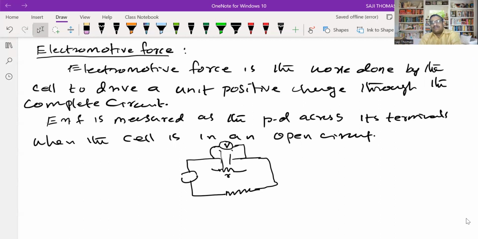Another difference: the EMF does not depend on the external resistance of the circuit because no current is flowing. So EMF is independent of the external resistance. But terminal PD depends on the external resistance because the circuit is closed and the current is flowing.